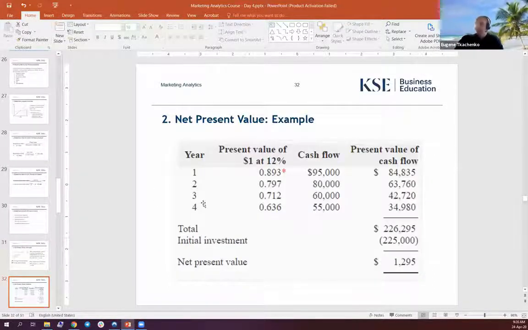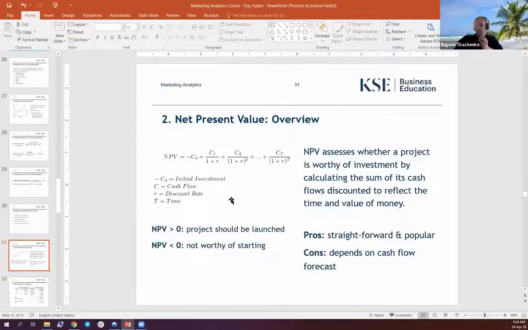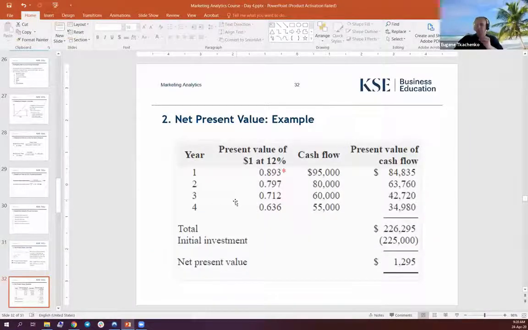Let's say that we have an investment of $225,000 in the first year, before the project introduction. But because of the formula, the discount rate is not fixed over time. Why is that? Because of inflation rates or other factors in the external economic environment, the value of $1 may decrease over time.